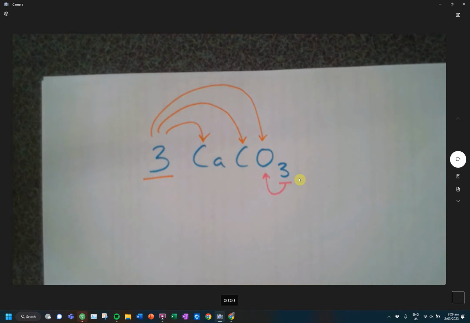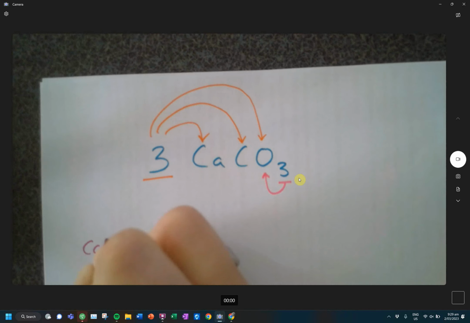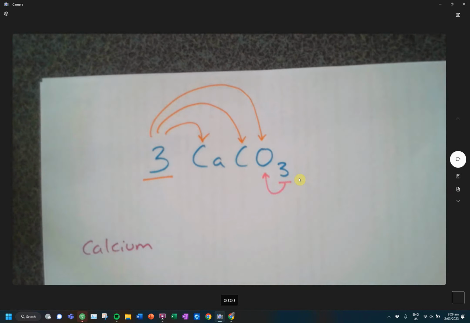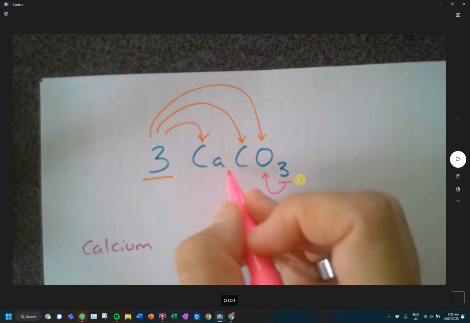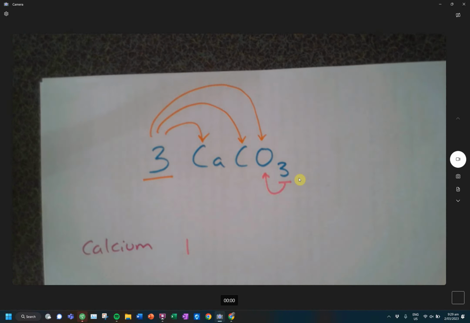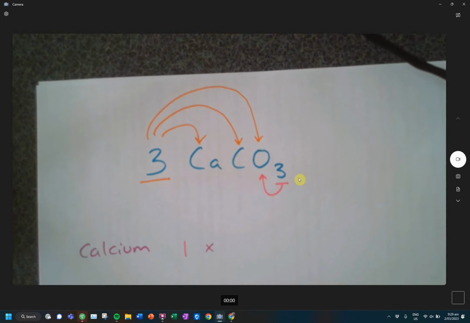I'll keep with the color code so that we're keeping track of subscripts and coefficients. For calcium, I have 1 atom, because there's nothing written behind that. And then I am multiplying it by the 3, because there's a coefficient in front. And so my total number of atoms of calcium is 3.